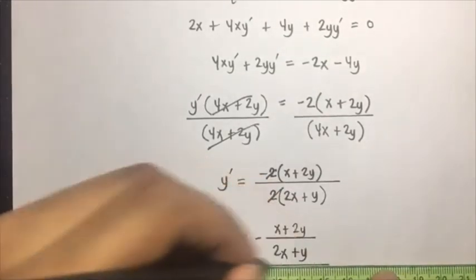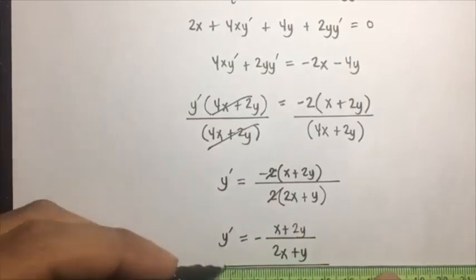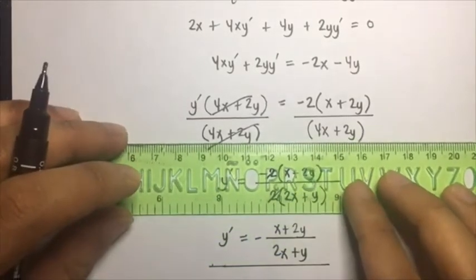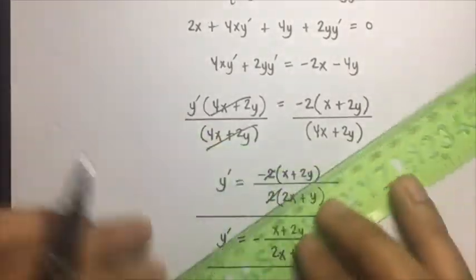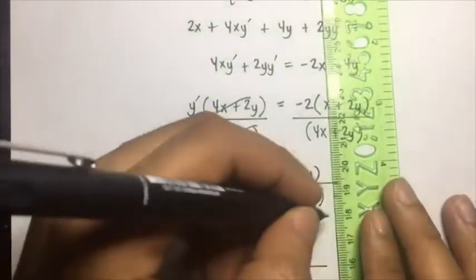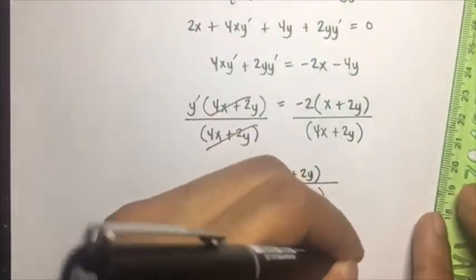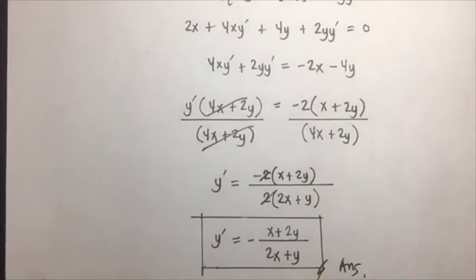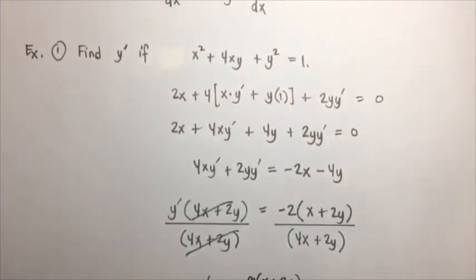So this is our derivative. Okay, so that's how you derive implicit functions.